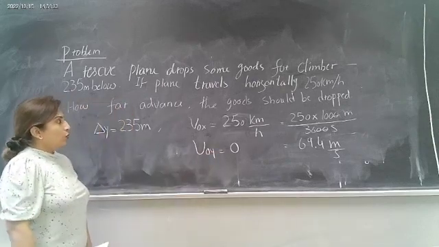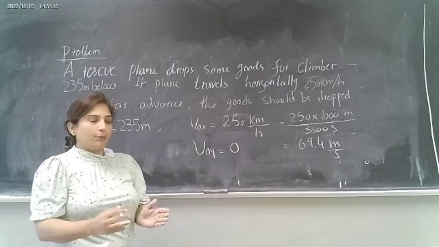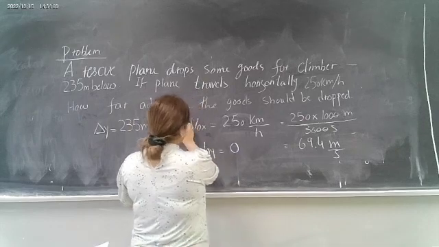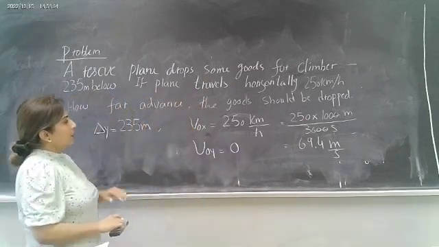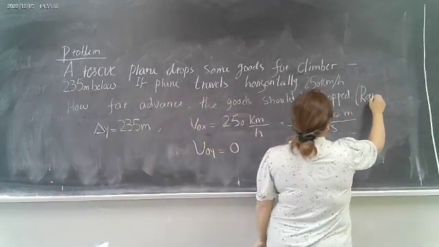Now we can use the formulas, some from the horizontal motion and some from the vertical motion, and combine them to get what we need to find, which is the range. How far in advance should the goods be dropped? That is the question about the range.